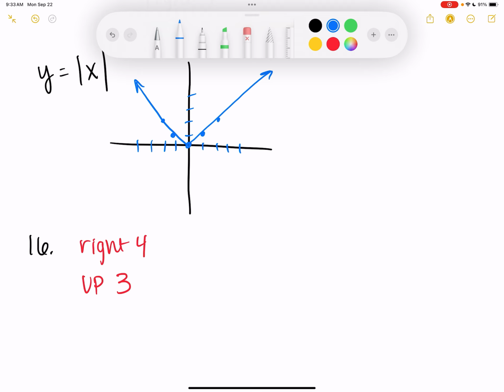If it has gone right 4, where does that go in my equation? In the absolute value, I'd have x. It's right, so I need to put a minus sign because it's opposite. So x minus 4 inside. And then it went up 3, so plus 3 on the outside. And there's your equation of your graph.